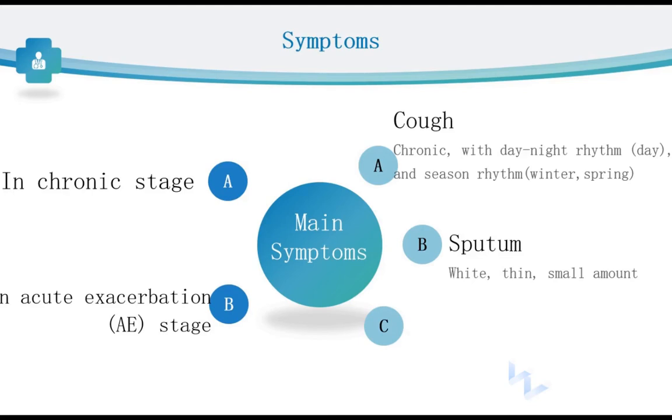Another symptom is sputum. The sputum is white, thin, and small in amount, because the sputum is produced by goblet cells. About the dyspnea, we need to focus on the activity. For example, if the patient feels dyspnea only after running, we can suspect a mild dyspnea.